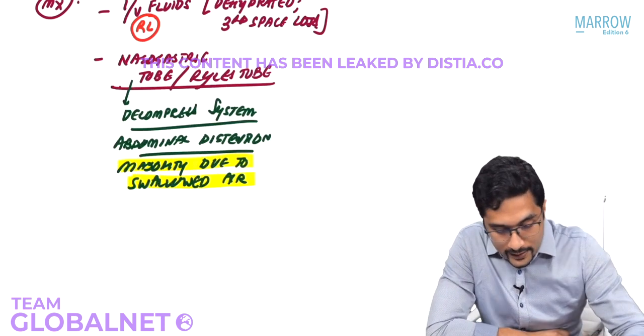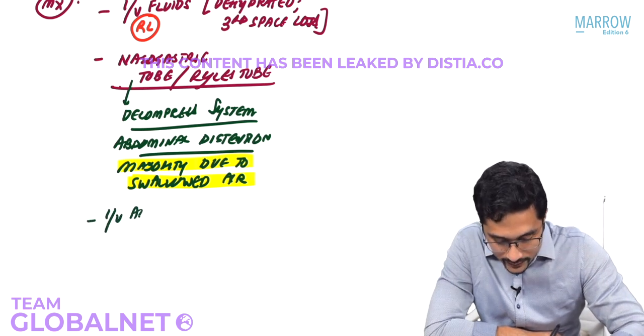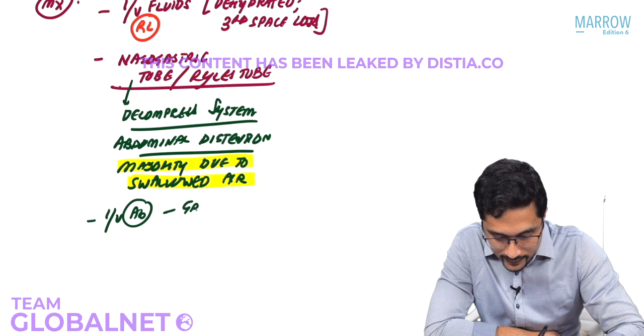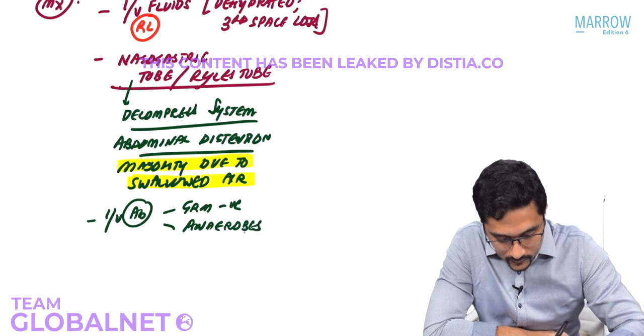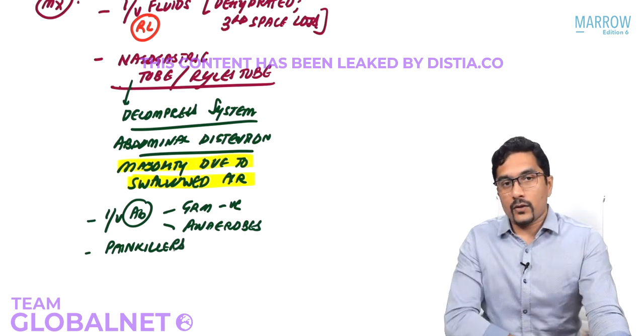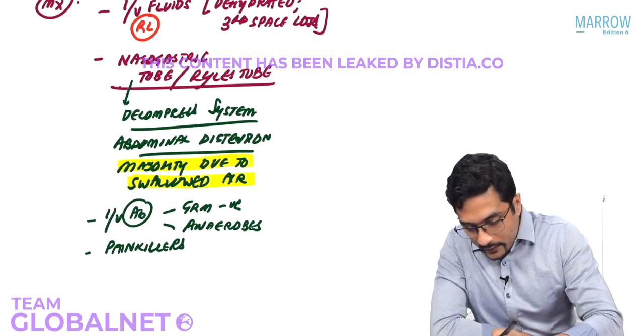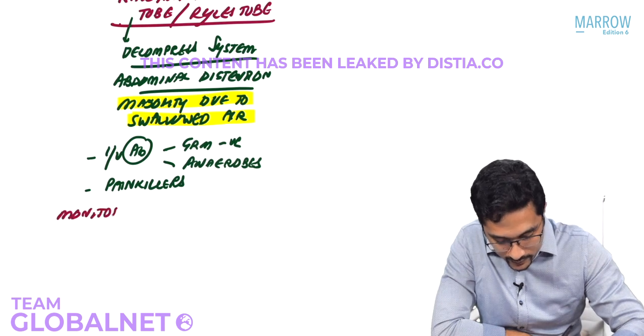So we put in a nasogastric tube, we give IV fluids, give IV antibiotics to these patients for gram-negative cover and for anaerobes, and painkillers. Painkillers are also given in these patients, and we need to monitor these patients, right?